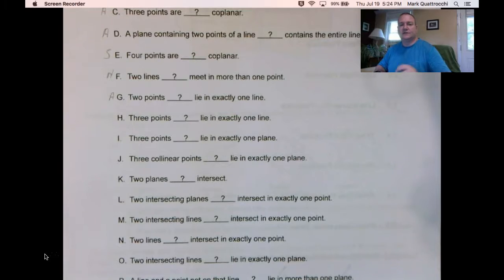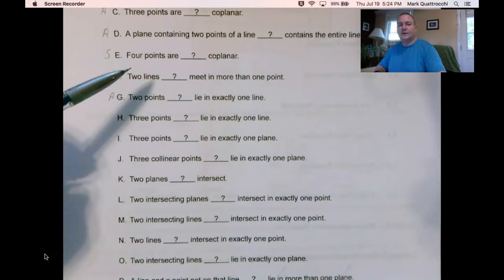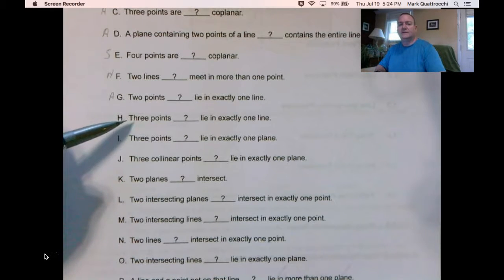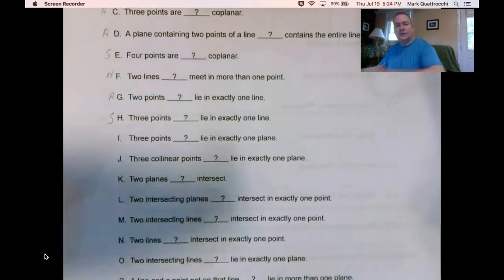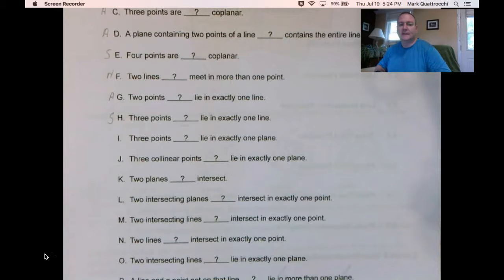Well, this is very similar to the 4 points are coplanar. 3 points are sometimes collinear, and sometimes they're not.